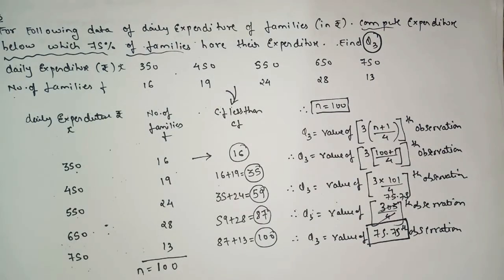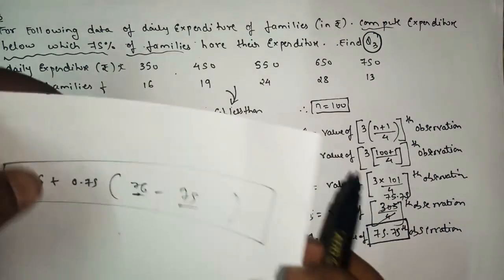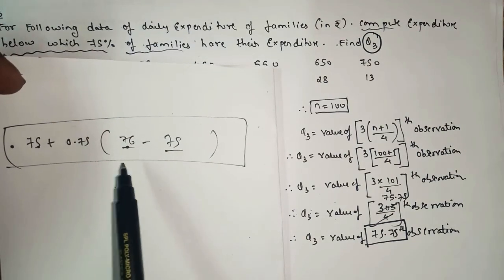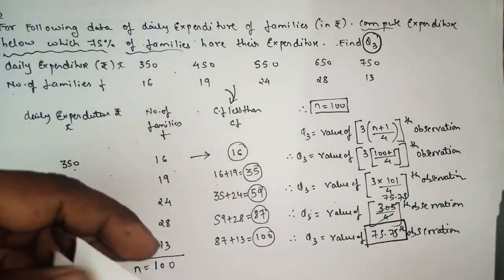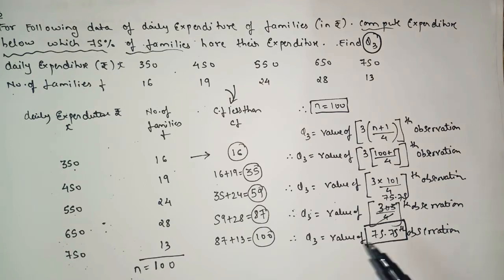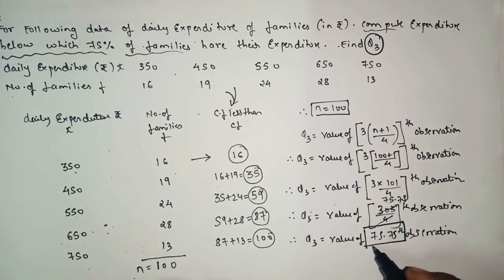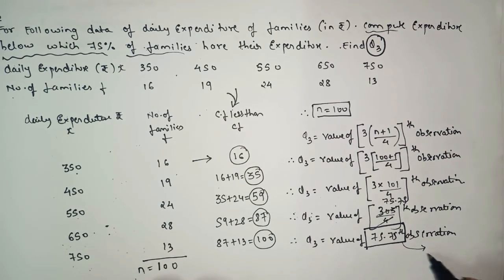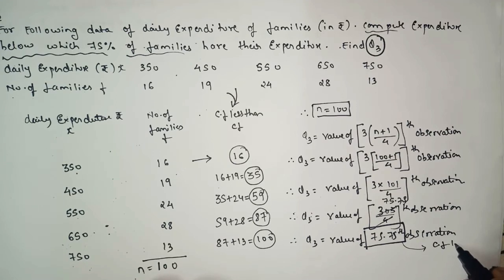Here now how to find the answer for Q3? Listen here. Here we don't have to apply the formula which was there in type number 1. So here the fundamental is different. Now listen here. Simply you have to see where the value 75.75 lies in the cumulative frequency less than.